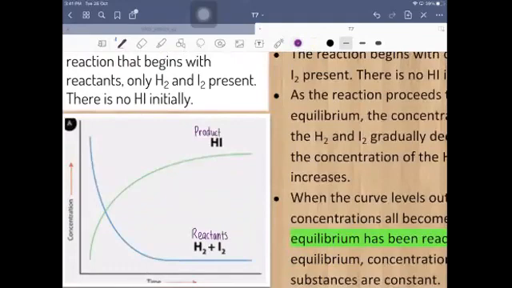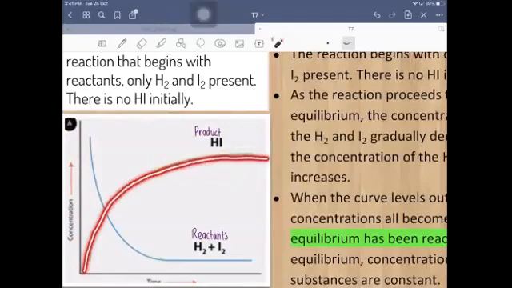So we want to look at the start of the reaction here, because your x-axis is time and concentration can be seen as the amount, how much you have of the reactants or the products as the reaction proceeds. Okay, so over time, you can see that your product, which is the green line, is increasing. That means you start from zero product, nothing, and then as the reaction proceeds, you start producing more product until you reach what looks like a constant line.